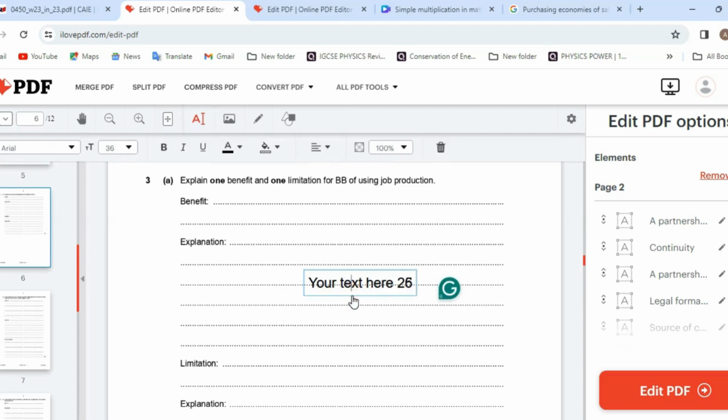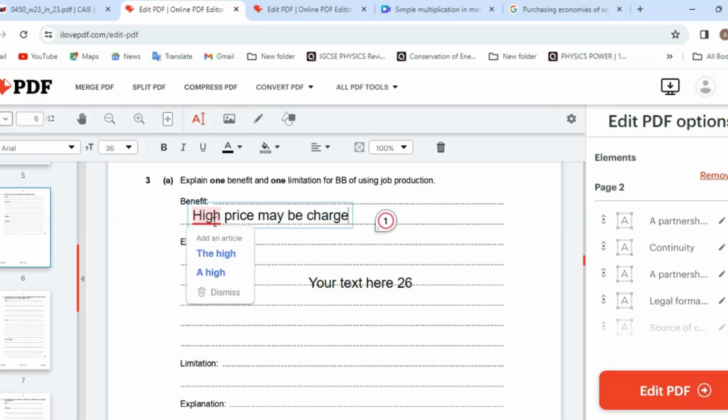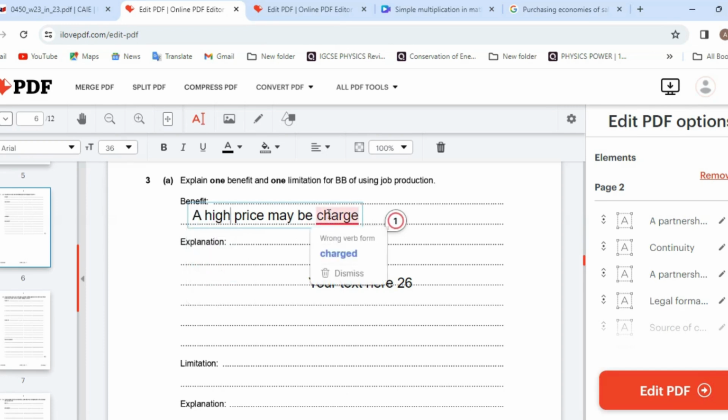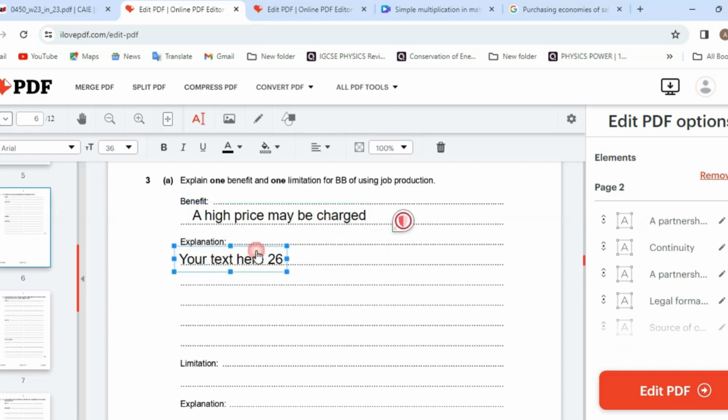Let's put our explanation. The benefit is high price.